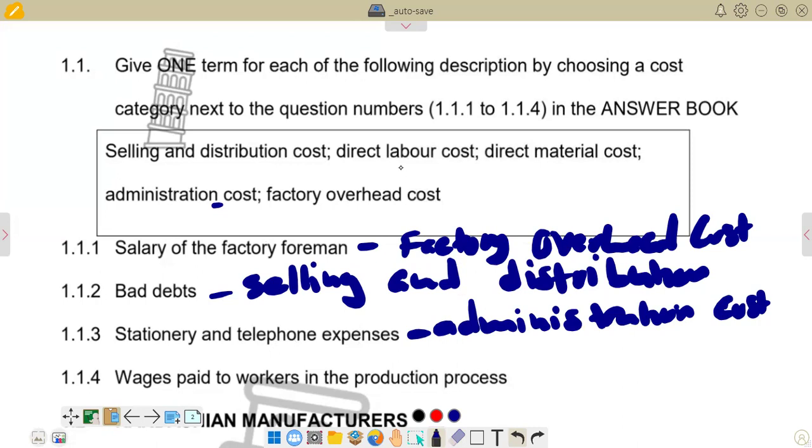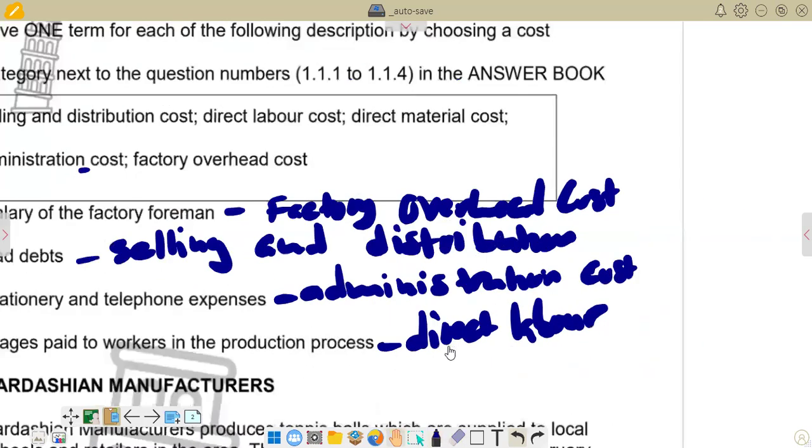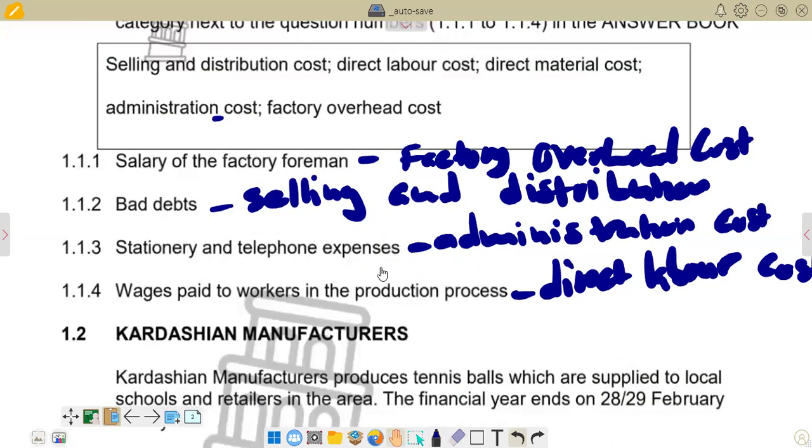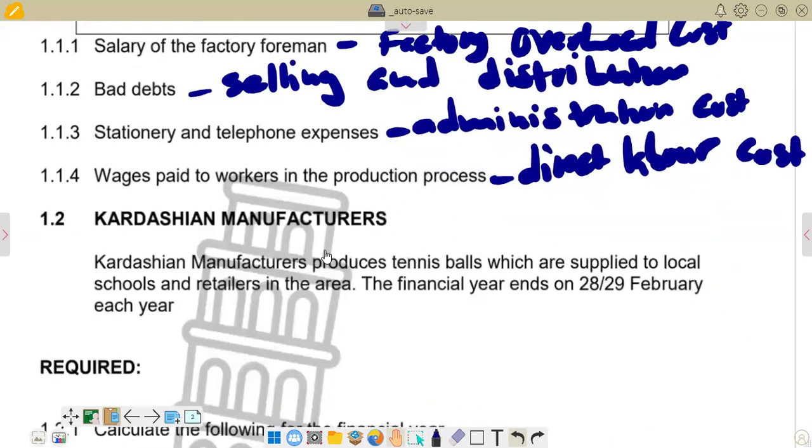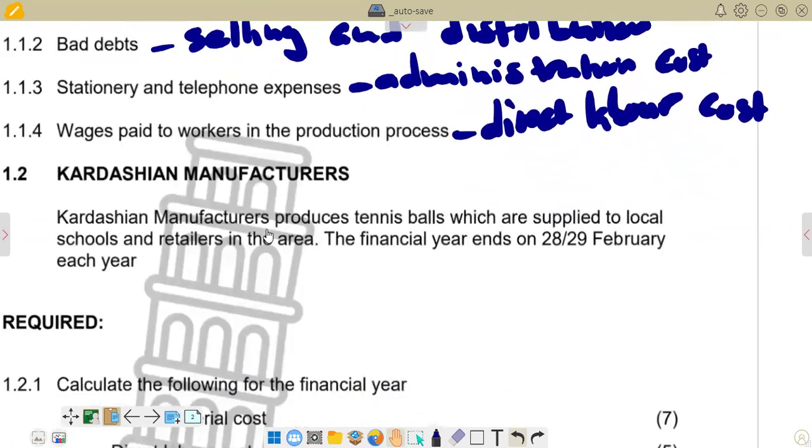So here we have direct labor costs. This is the response that we have according to the information given in the first part of the question. Now we can go to see what we have in 1.2.